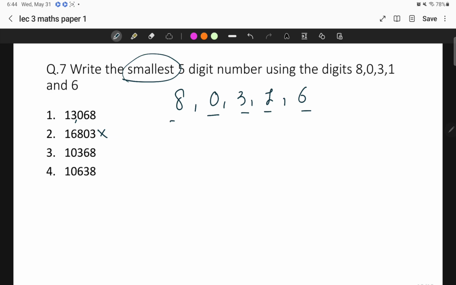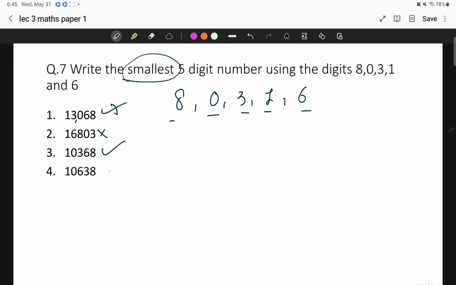The third option is 10,368. So the possibility of these two is again seen. Between the first and the third option, the first gets eliminated because it is 13,000 while the third is 10,368, so 10,000 is the lesser number.